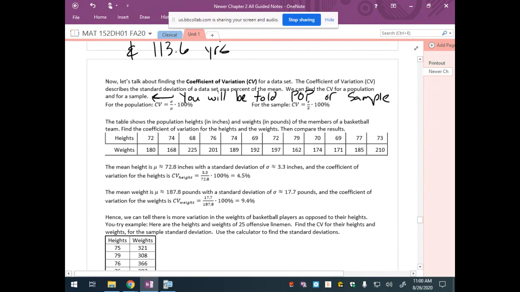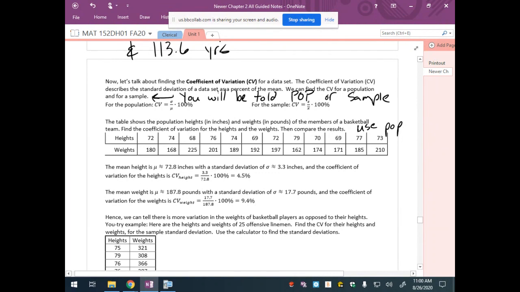For the heights, and by the way, we're going to use population, we have to find the means and the standard deviations. And trust me, you'll be told to use your calculator.